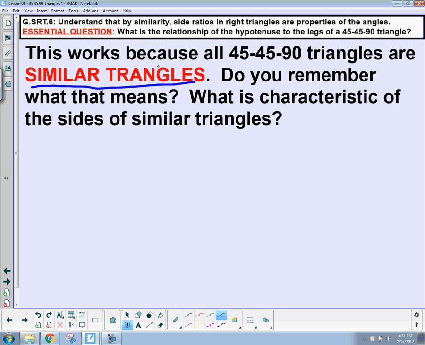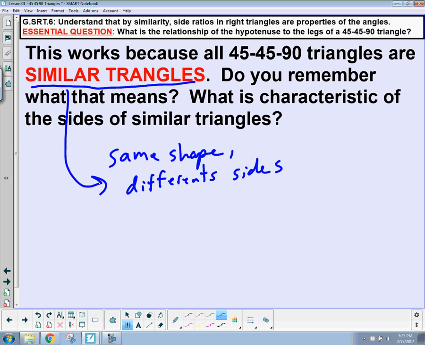Guys, whenever we use the word similar, we're going to say same shape, different size. All I want you to keep in mind: in similar triangles, the sides are going to have the same ratios, but we'll get into that later.